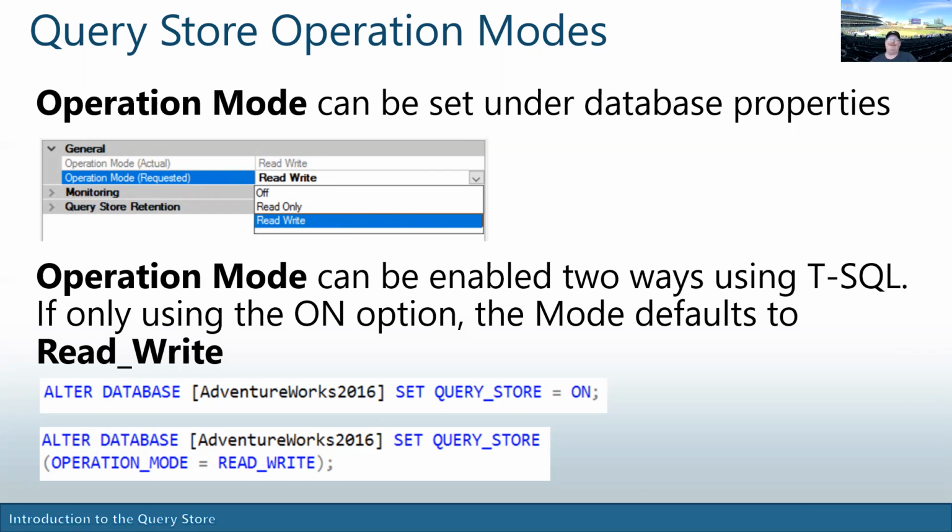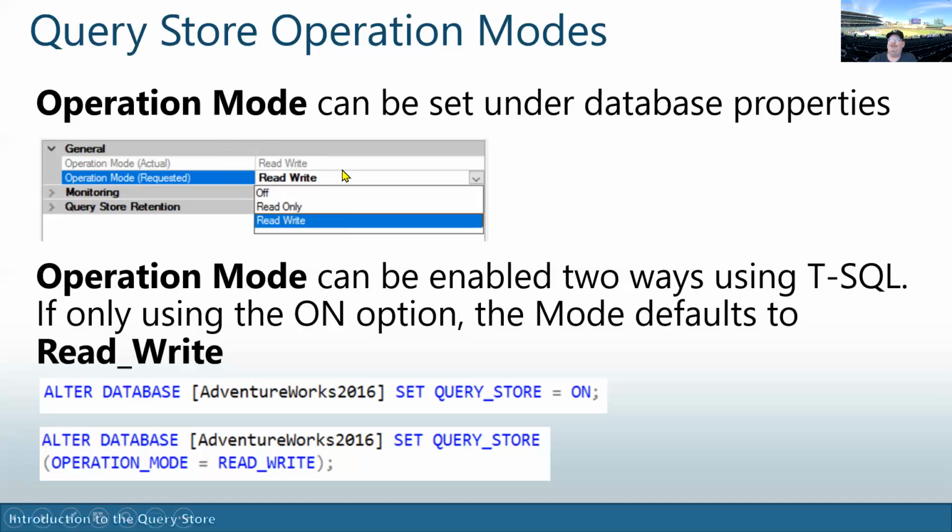So operation modes can be set under database properties or those two statements down below. Both of those statements do the exact same thing. If you set Query Store on or set Query Store operation mode equal read write, both of those will enable the option. I think that's the one we actually talked about.